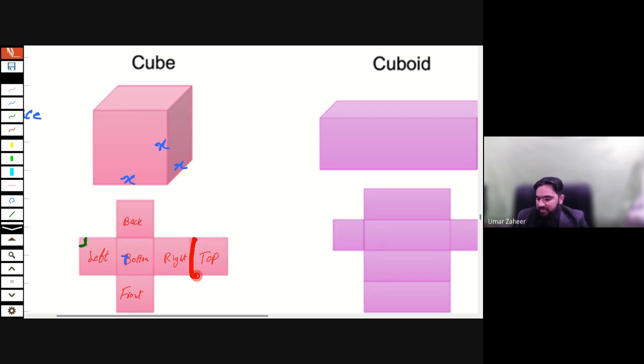All of these are squares if it is a cube. You have to practice this two to three times to make the net shape of the cube.